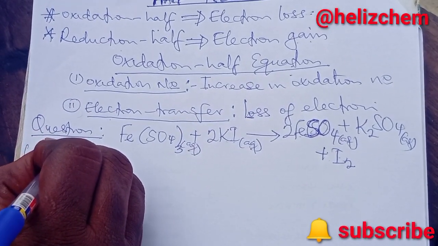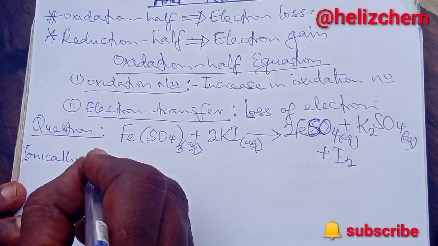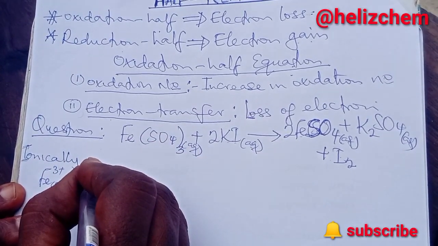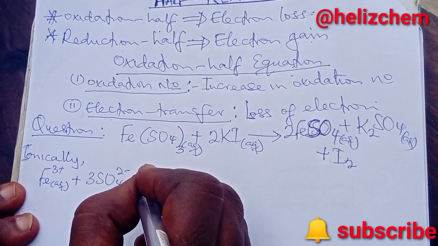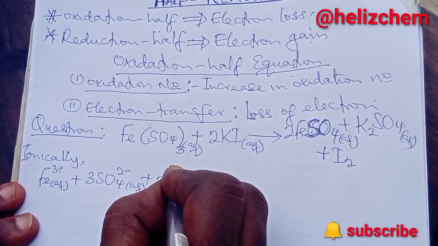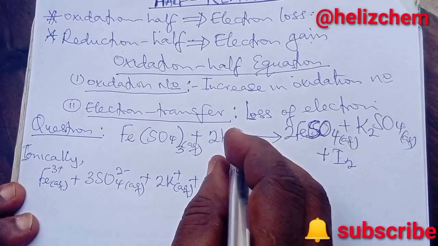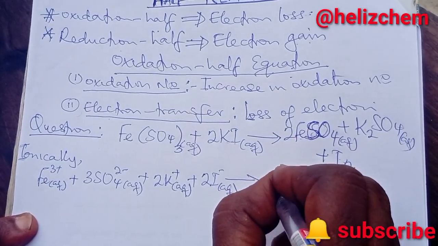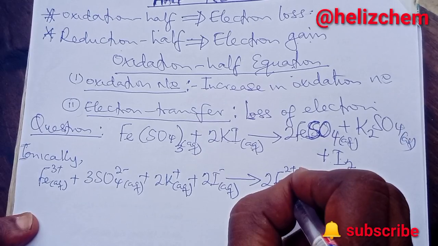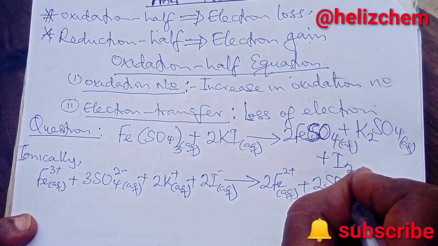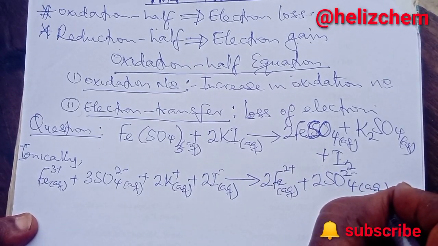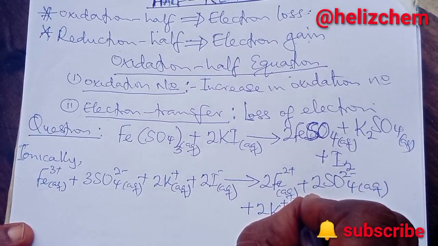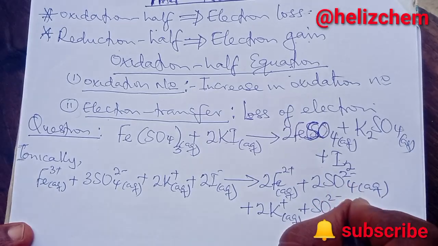So ionically, you can say that this is 2Fe3+ aqueous plus 3SO4 2- aqueous plus 2K+ aqueous plus 2I- aqueous to give 2Fe2+ aqueous plus 2SO4 2- aqueous plus 2K+ aqueous plus SO4 2- aqueous.